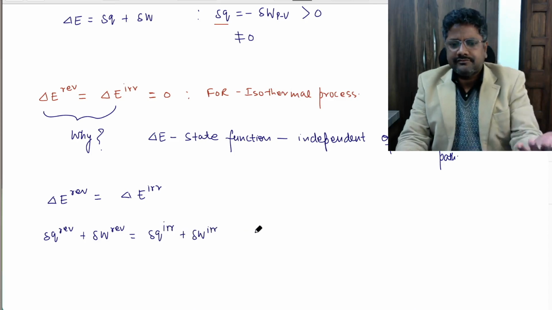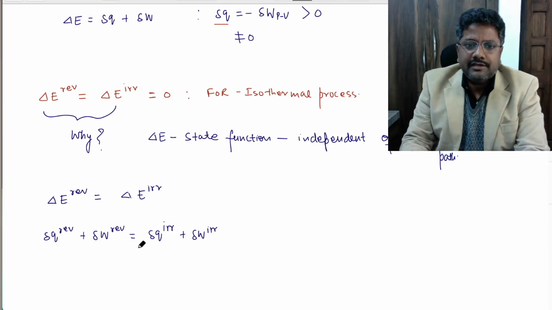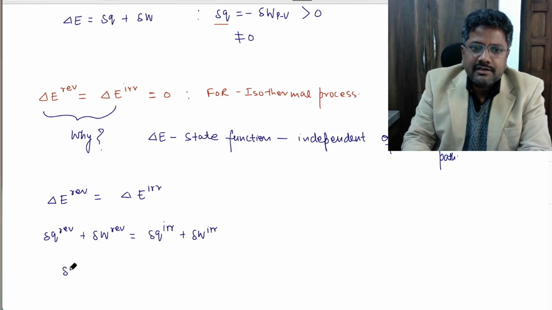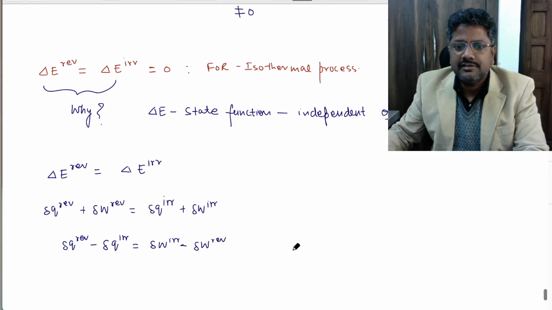Very easy, no problem. So we can rearrange: delta Q reversible minus delta Q irreversible is equal to delta W irreversible minus delta W reversible, right?